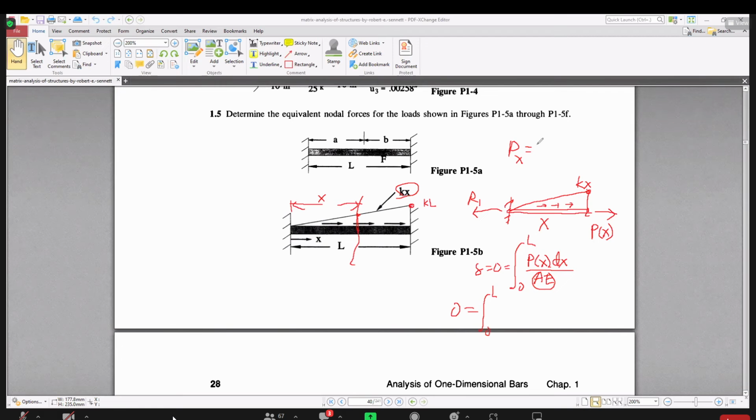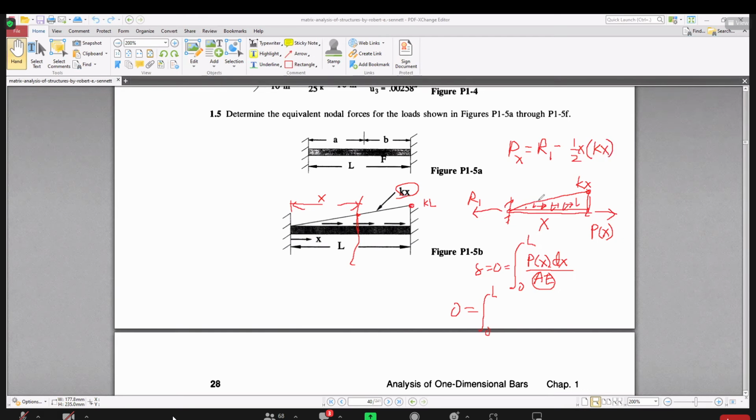So this is equal to R1 minus this area, which is equal to 1/2 times x times px, that is 1/2 times kx, right?